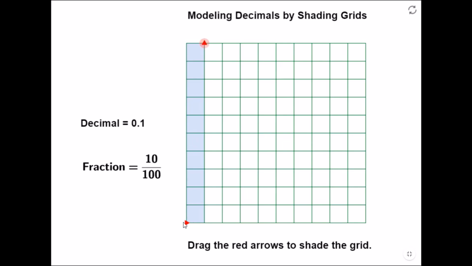Now we're going to be shading until it's 15. Now 15 are shaded, which means as a fraction, it is 15 over 100. As a decimal, it's 0.15.